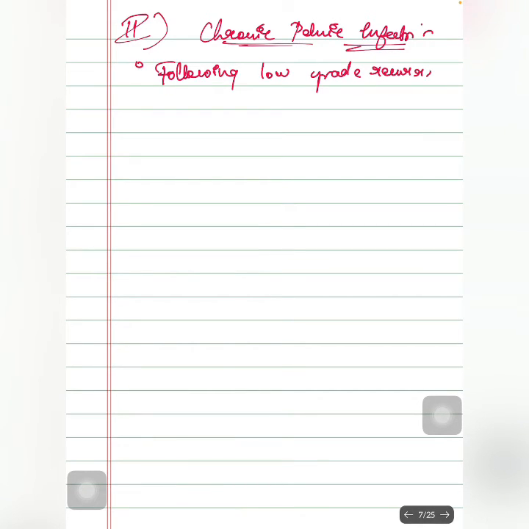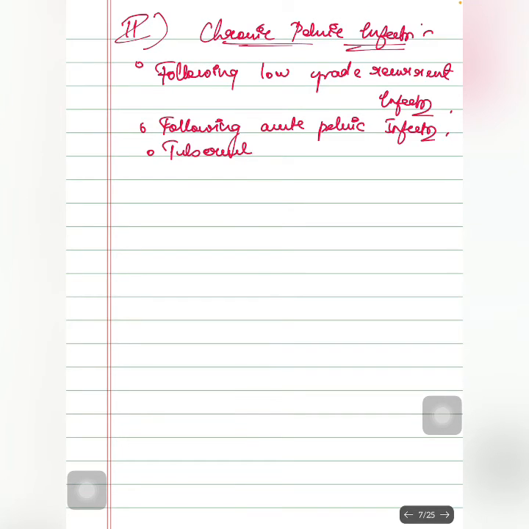Chronic infection is a distressing clinical entity which follows acute pelvic infection, following low grade recurrent infection and tubercular infection. So these are the three causes of chronic pelvic infection.